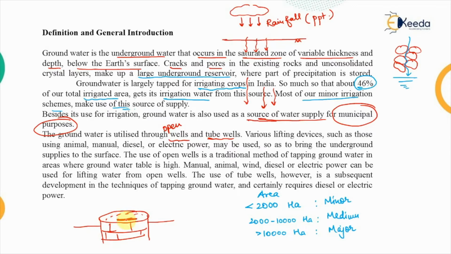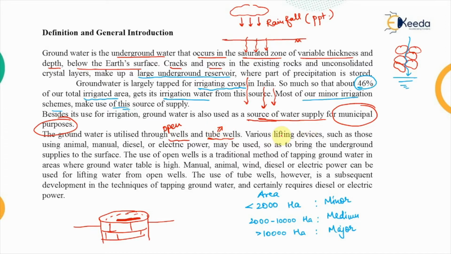In this there will be a certain level of water, known as the water level, in the case of open wells. And tube wells are basically boring ones, which are primarily used for irrigation purposes.